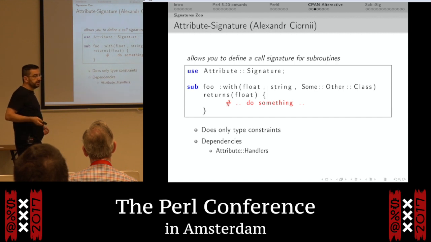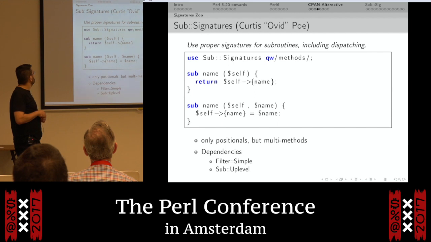It doesn't do mandatory or optional arguments, and has a dependency on attribute handlers. So nothing for us. The next one, subsignatures from Curtis. It's based on filters simple and sub up level. Quite heavy dependencies and covers only positional arguments, no named arguments, but offers multi-methods.